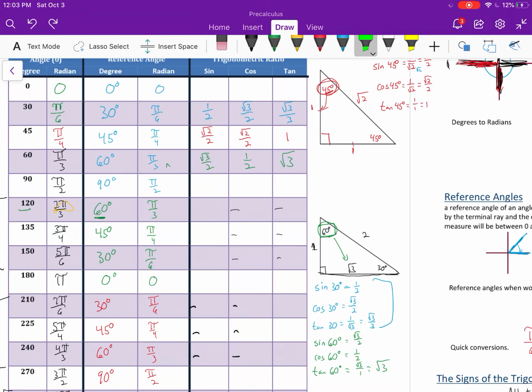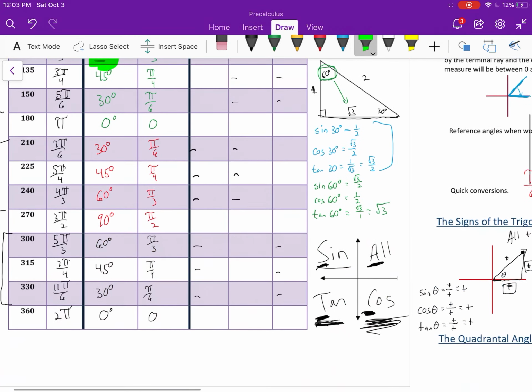We can actually finish a lot of this chart now, putting the last two pieces of information together. Once we have our reference angles, so here's a 60-degree angle, that's going to be the same as sine, cosine, and tangent of 60 here, except we have to take into account the signs, whether it's positive or negative.